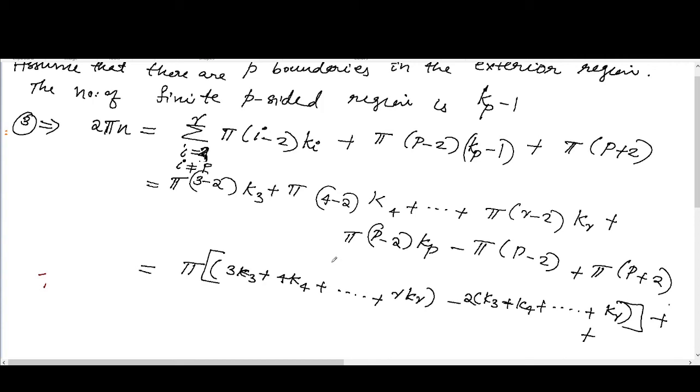Then pi into, then here you have minus pi.